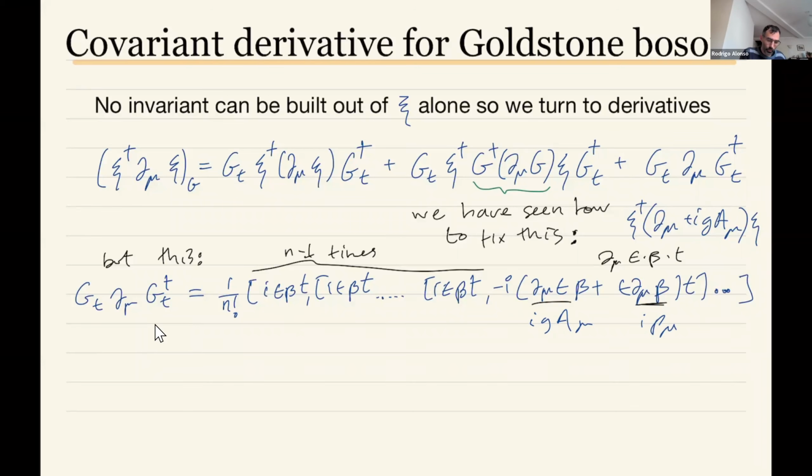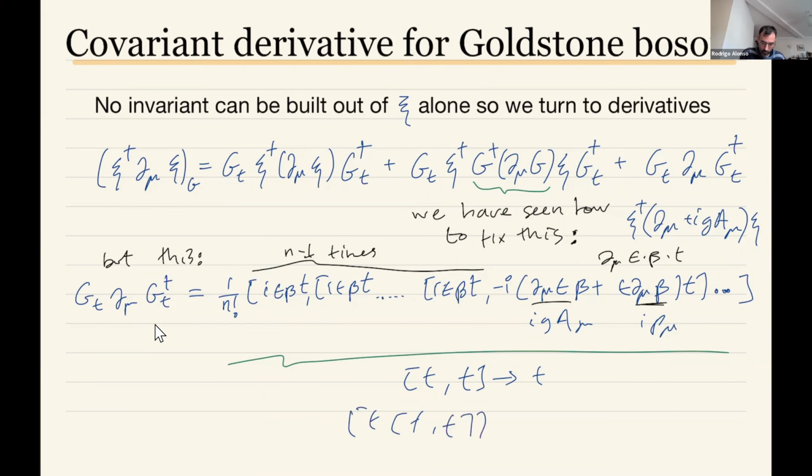And the way to do that is to realize that complicated as this expression is, what it always boils down to is a commutator of unbroken with unbroken that we know takes us back to unbroken because the group is closed, as we said in there. We had one nested commutator of T's.